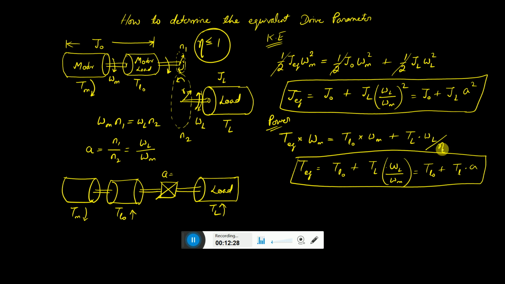When we divide by the efficiency, a value less than 1, the entire value will rise. So if the efficiency is less than 100%, the load torque reflected at the motor end will obviously be higher. That's why you get the efficiency term eta here. So this equation changes if the efficiency is not 100%.